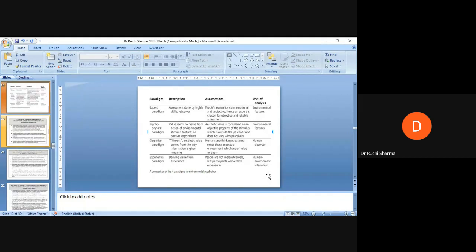Next is the experiential paradigm, which derives value from experience. People here are considered not mere observers, but participants who create the experience. So here we talk about human environment interaction. In all these paradigms, the focus is on studying what is behind, what is the motive of the behavior of an individual.